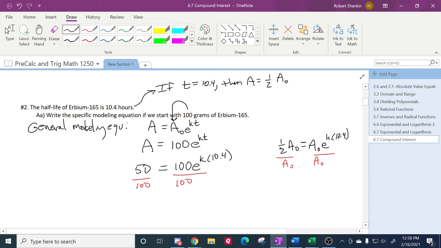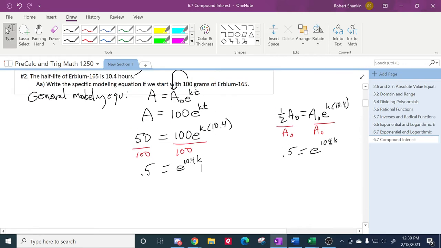And then you're going to get 0.5, or 1/2, equals e to the 10.4k. Either way, we come up with the same equation. Whether the original amount was given or not, that's why they don't have to tell you what the original amount is very often. You can still solve these problems without an original amount.